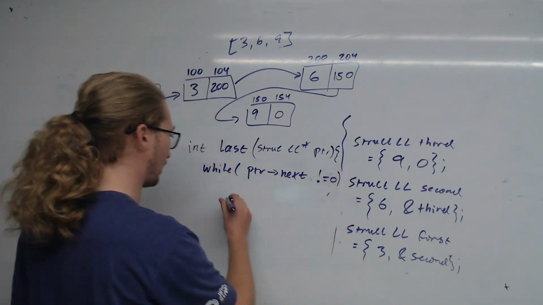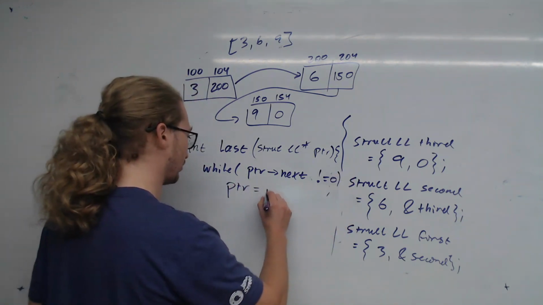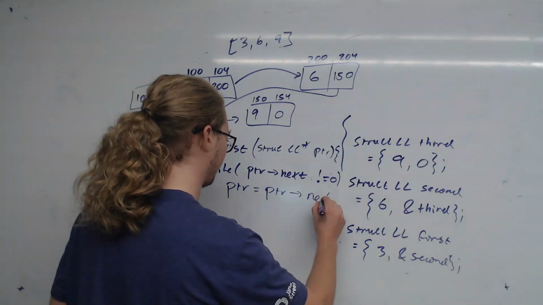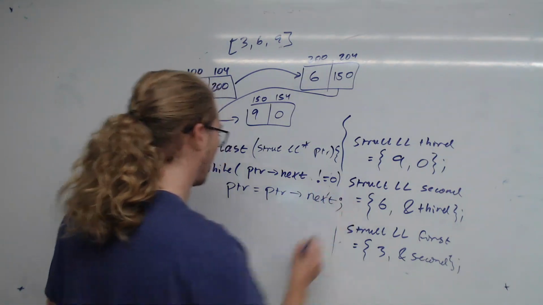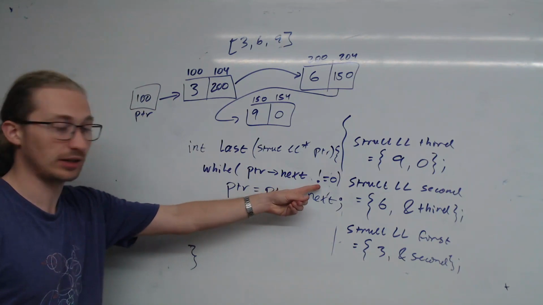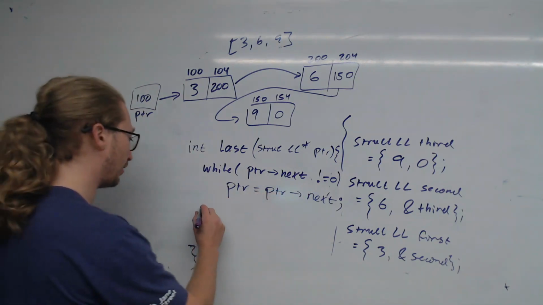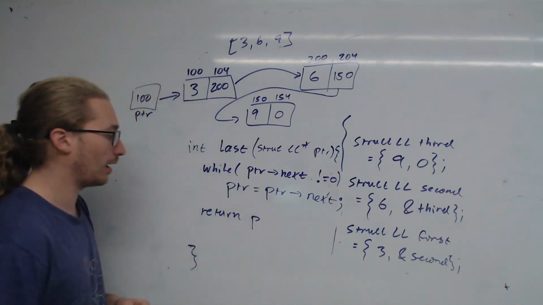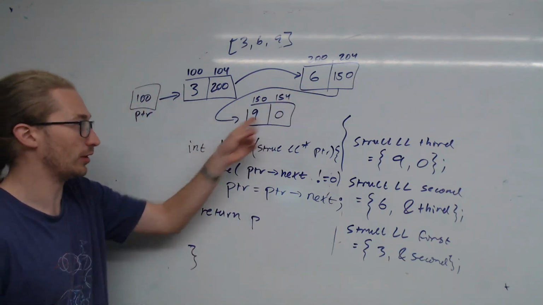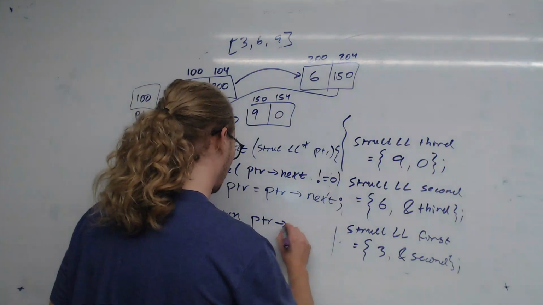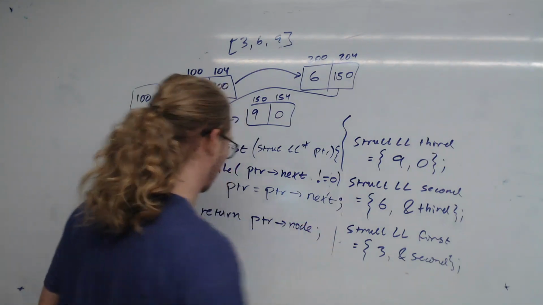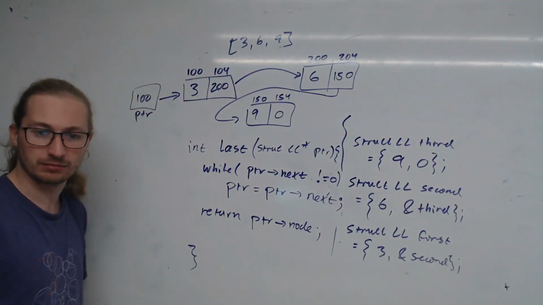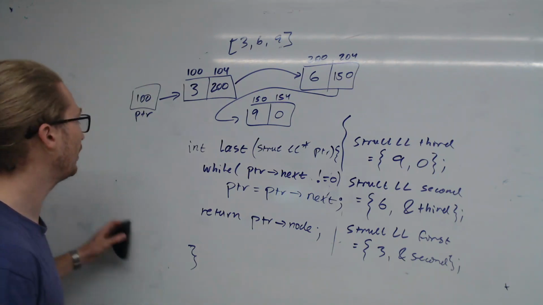So that will look like pointer equals pointer arrow next. And I'm going to repeat this loop until I've got a null pointer, and then I'll just return the node that lives here. Return pointer arrow node. Okay? I believe that works, but we should probably run it and find out.